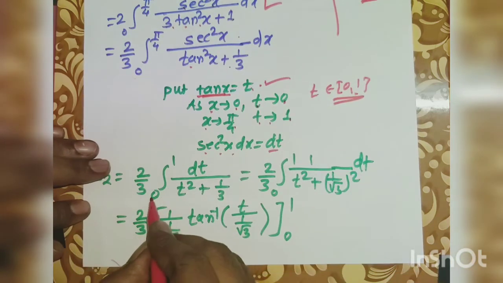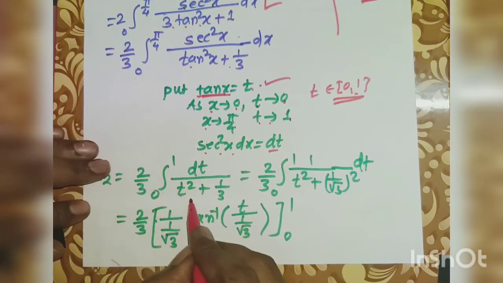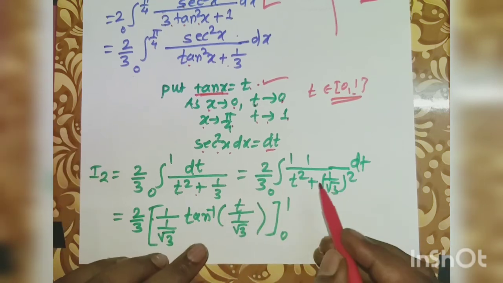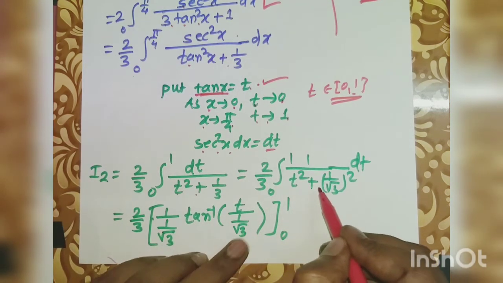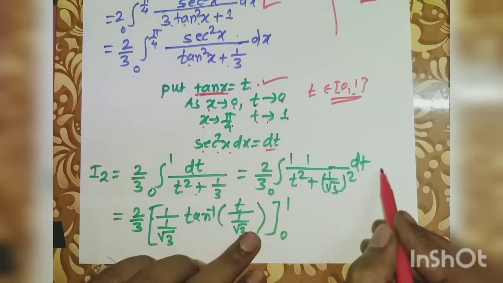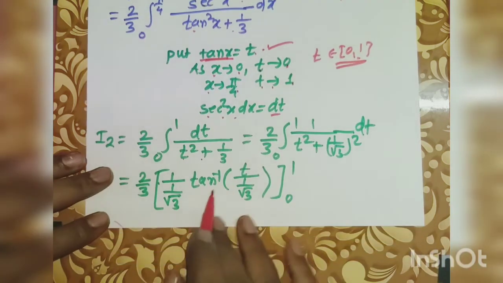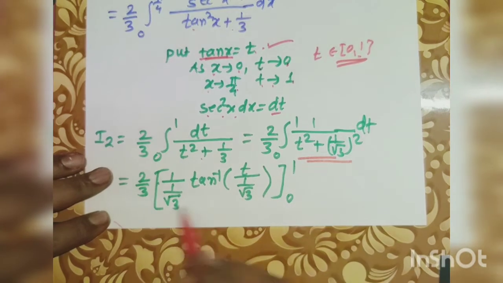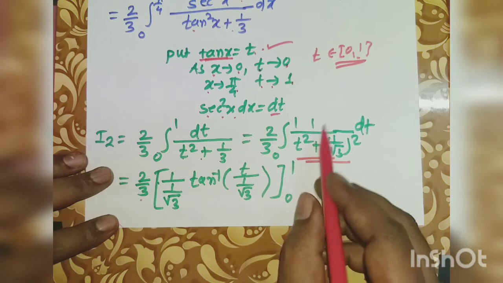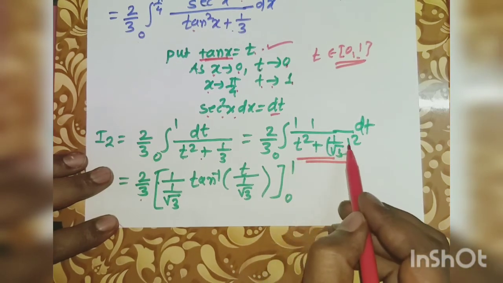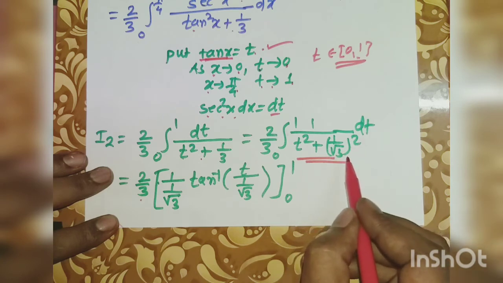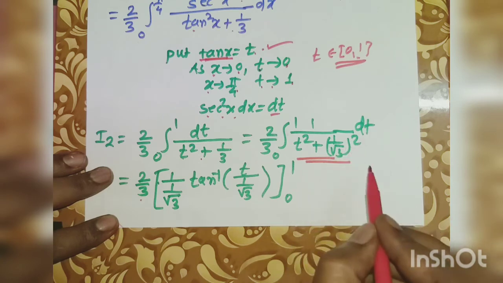2 by 3, integral from 0 to 1, dt divided by t square plus 1 by 3. Now 1 by 3 is written in square form, 1 divided by root 3 bracket square. Then, which is the standard form? 2 divided by 3 into its integration is 1 divided by x square plus a square, that is 1 by a into tan inverse of x by a.